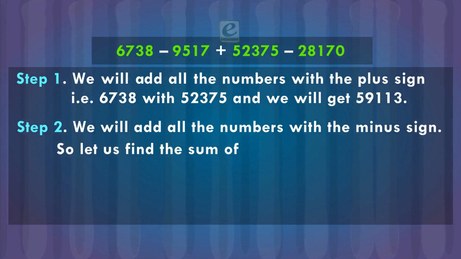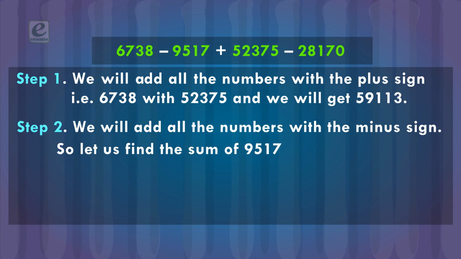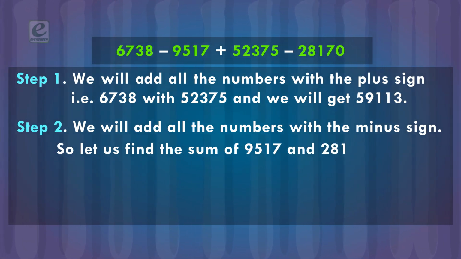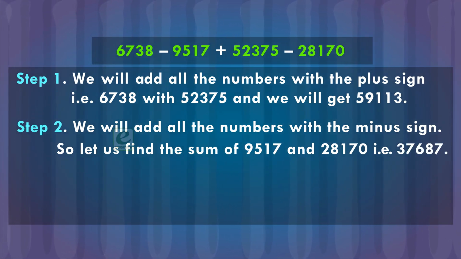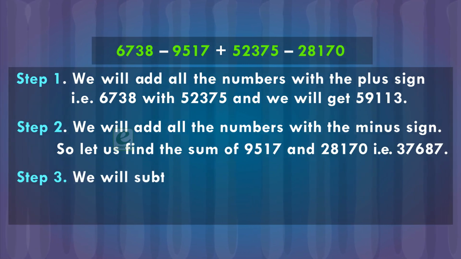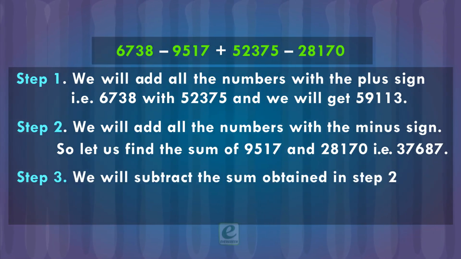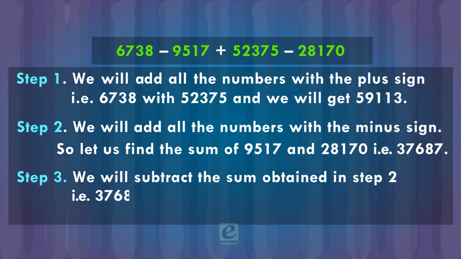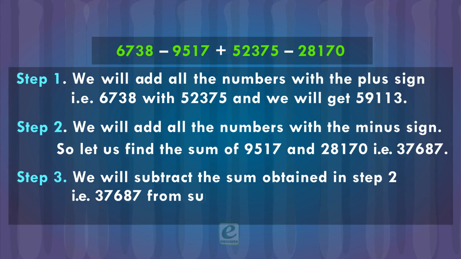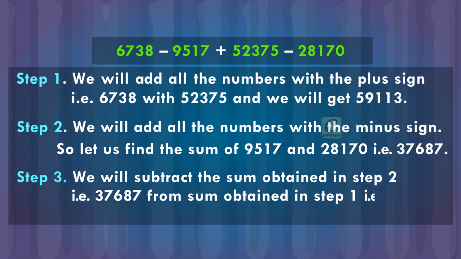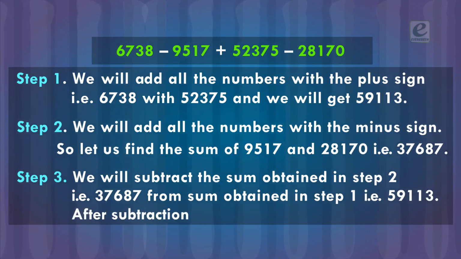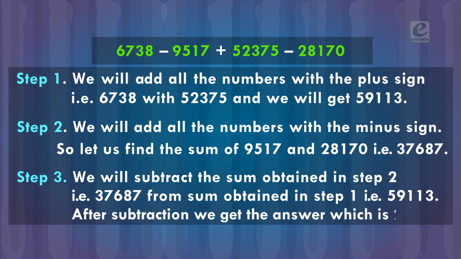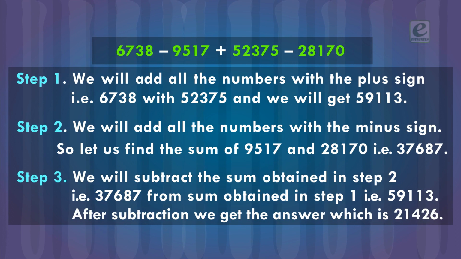So, let us find the sum of 9,517 and 28,170. That is 37,687. In step 3, we will subtract the sum obtained in step 2, that is 37,687 from sum obtained in step 1, that is 59,113. After subtraction, we get the answer, which is 21,426.